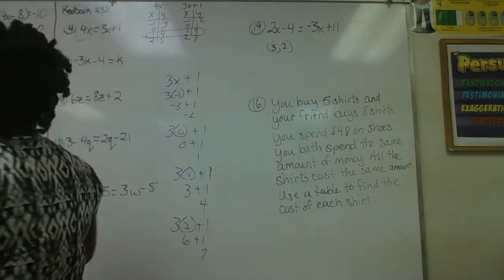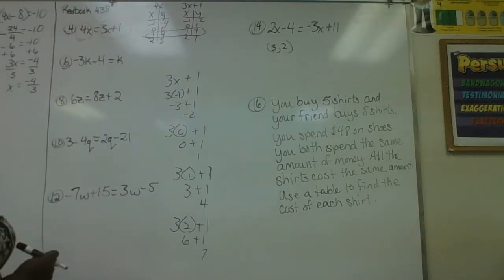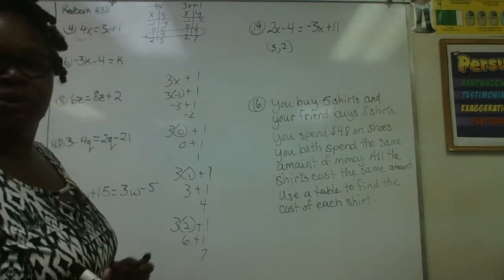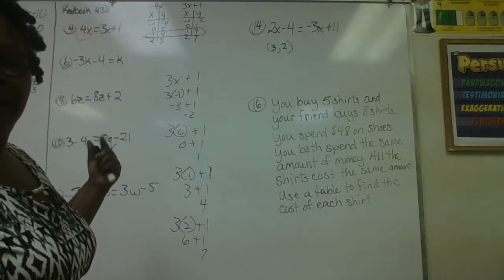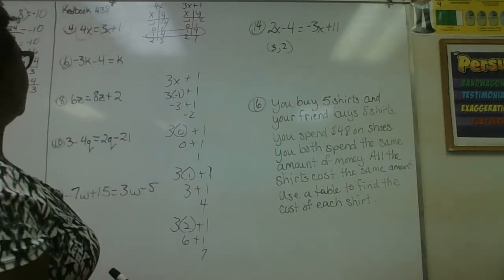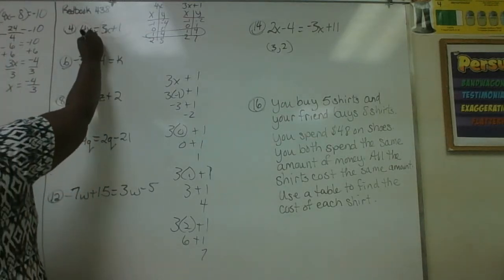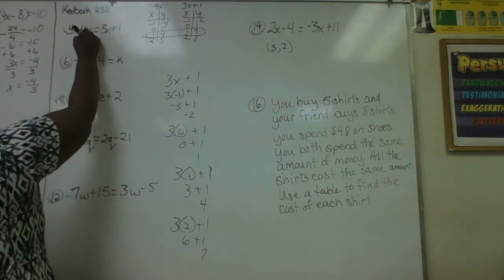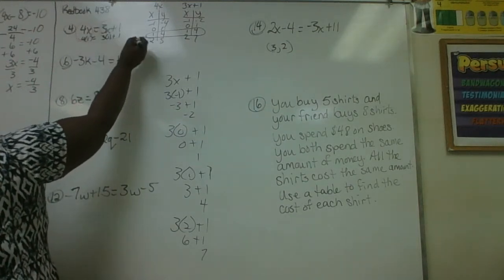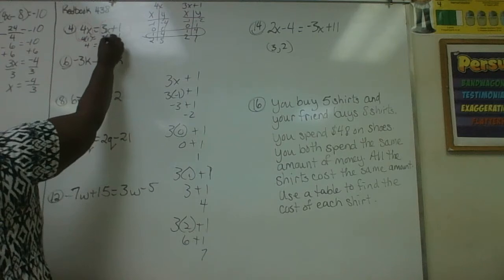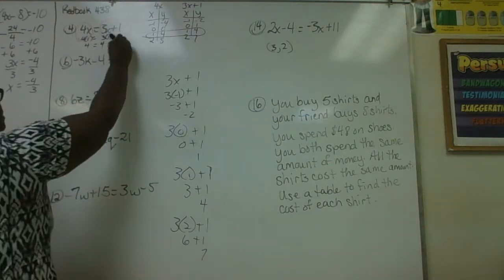I'll be honest with you, I would not have enough time to do the table and check with the graph. So then we're just going to plug it in using the 1. If we put a 1 here and a 1 here, we have 4 here is equal to 3 plus 1, which is 4. All right, so it checks out.